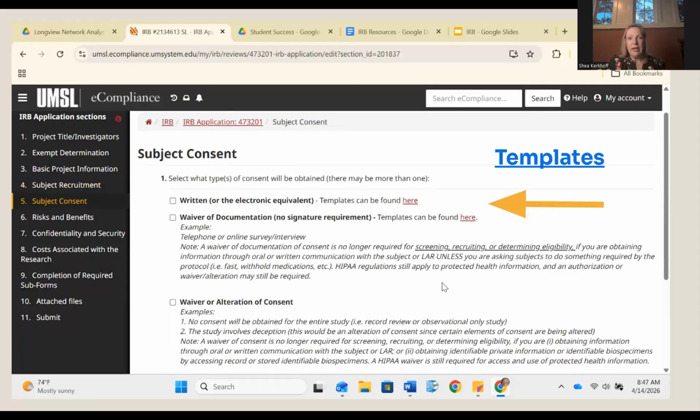You then have to decide what kind of consent. If it is written consent, that means you are giving the consent form to your participants and they are signing it either physically or electronically. If you cannot get that signature, then you need that waiver of documentation. That only works for telephone surveys or online surveys or interviews.